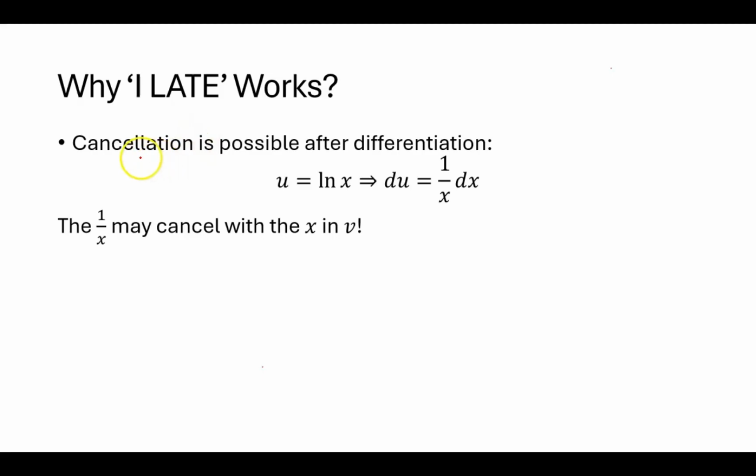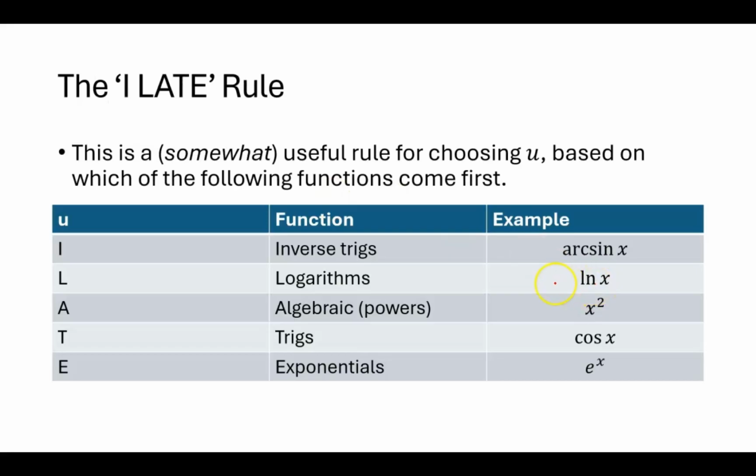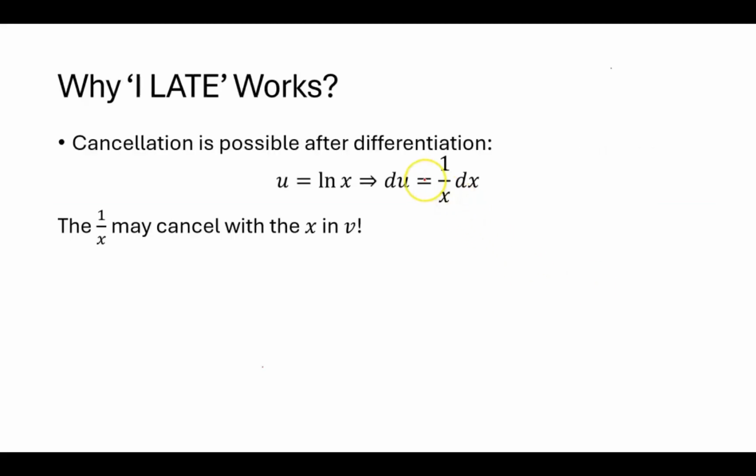It's because the first one is cancellation is maybe possible after differentiation. So if you choose u equals natural log of x, as you can see here, the natural log of x is the second priority, or in some cases it may be the first one. You should choose it as u first. Then du is just 1 over x dx.